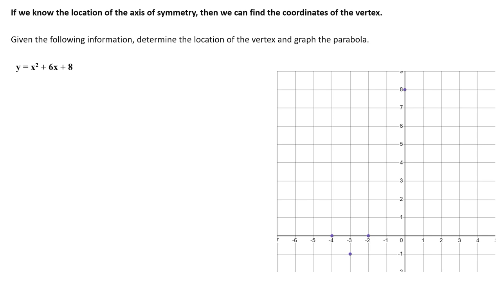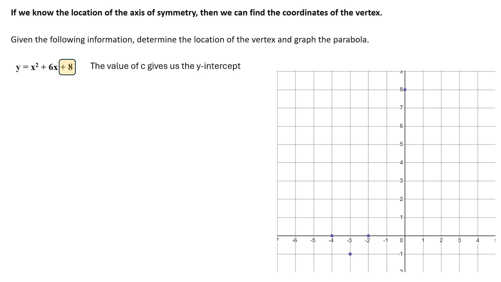In this example, we're shown the equation, and then we're asked to come up with different points just based on the equation. Now, one of the easiest things to determine about this parabola when it's in standard form is just what the y-intercept will be.